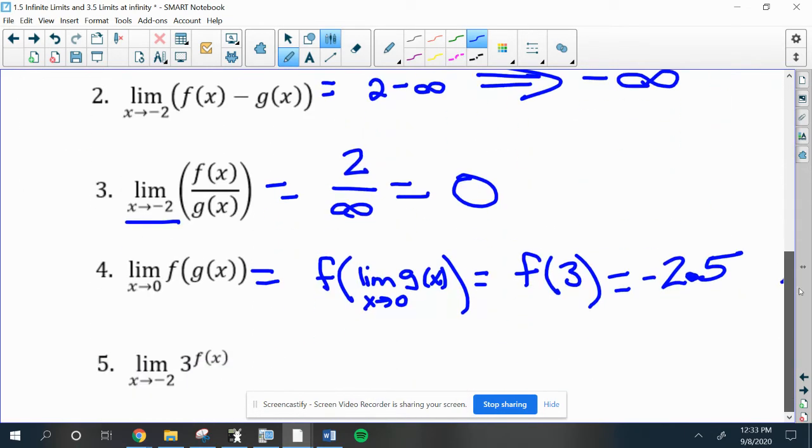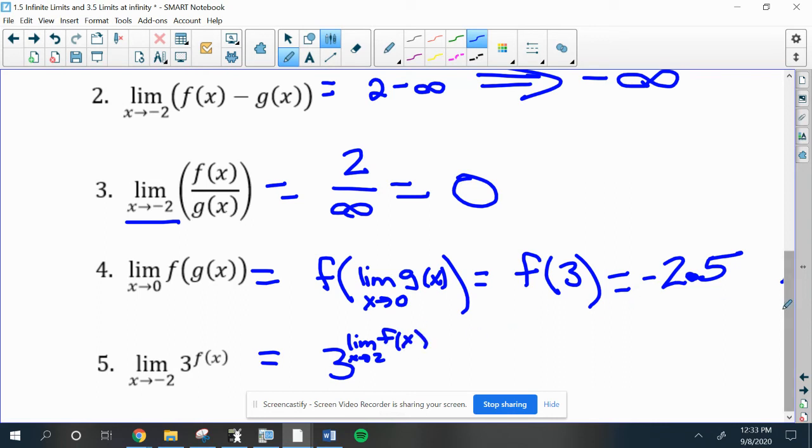The last question is, this is still a composite function. This is 3 to the power of f of x. So you can treat it like a composite function. Do the limit of the inside function, which turns out to be the exponent. So think of this like 3 to the limit as x approaches -2 of f of x.